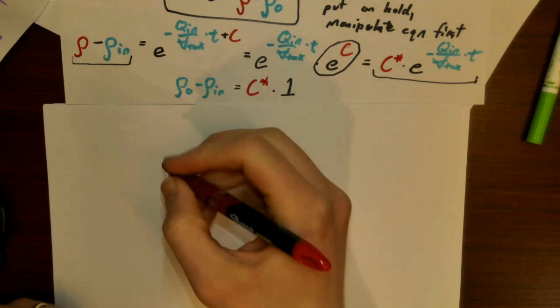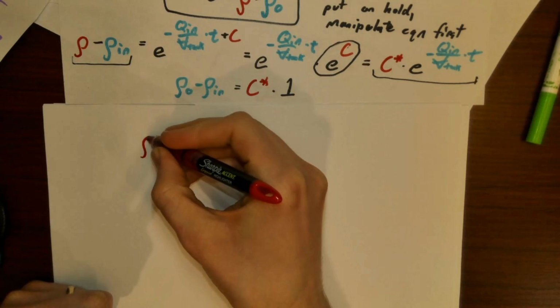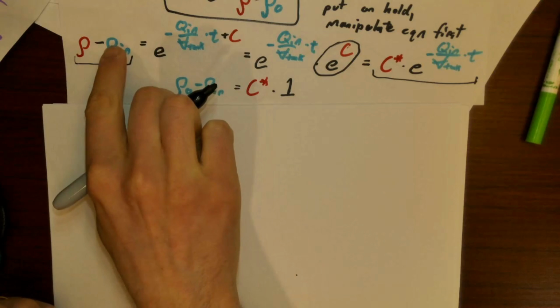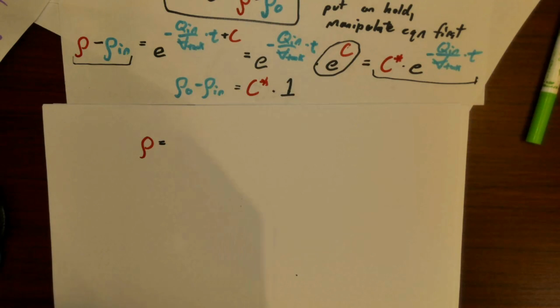All right, so when I plug it in and solve for rho, I get rho is equal to, and I'm just going to bring rho in over to the other side.